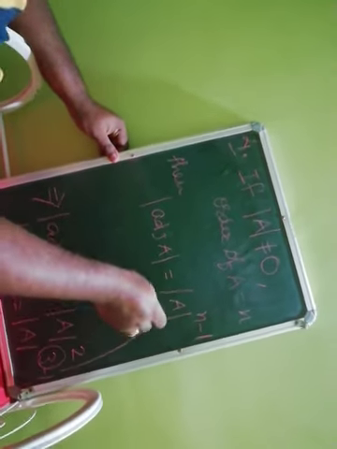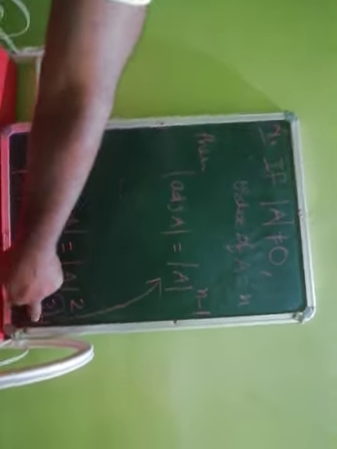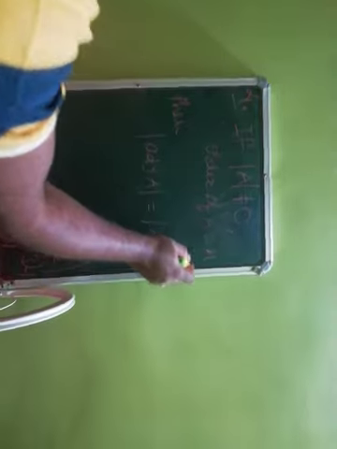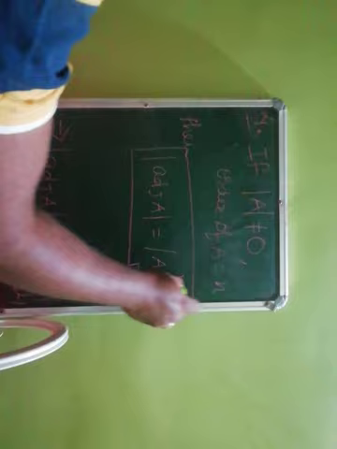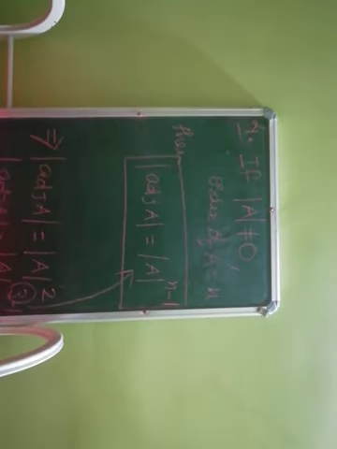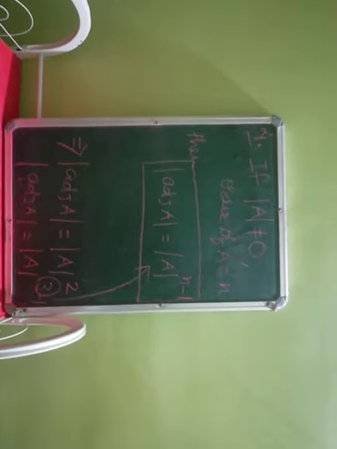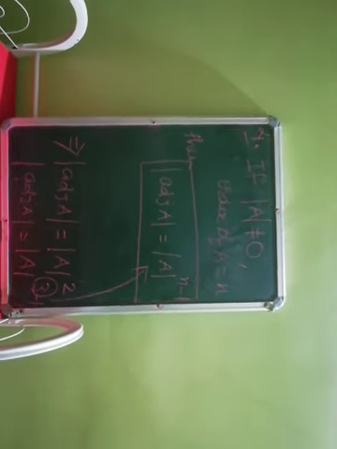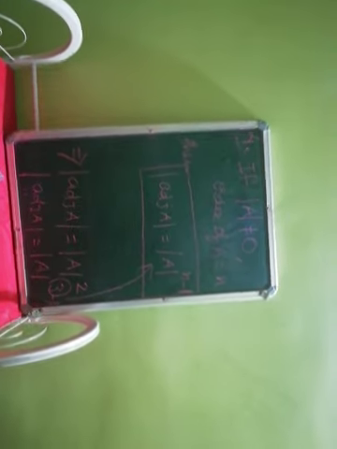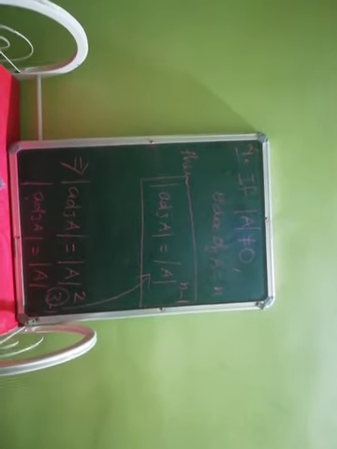From here you can relate this. Here it is 3 minus 1, so it is n minus 1, and this is a very important property which is used frequently. The determinant of the adjoint of a matrix and the determinant of a matrix are not the same. They have different relations.